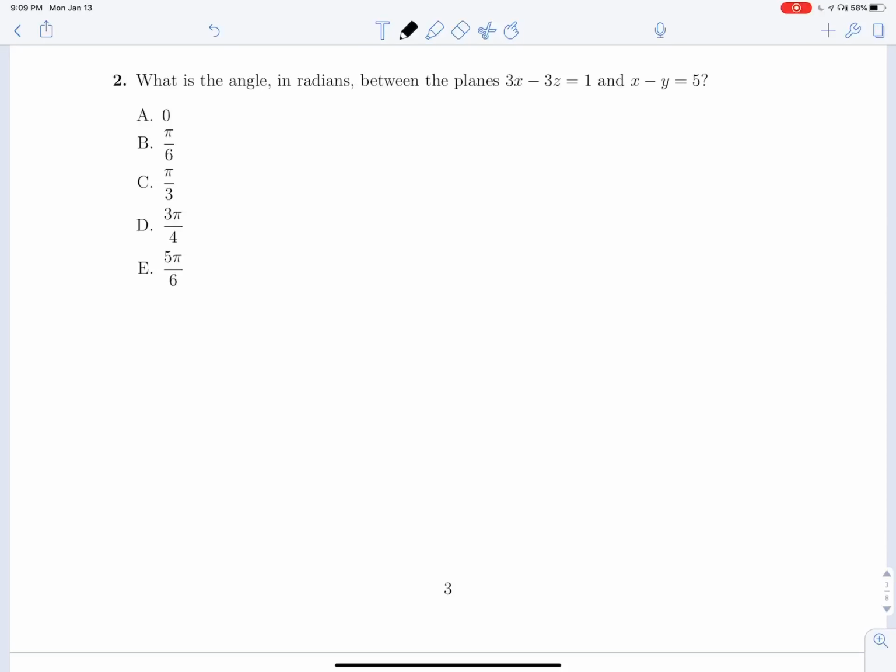What is the angle in radians between the planes, this one and this one? Okay, so we know that the angle theta between two vectors, let's call them vector A and vector B, is going to be the inverse cosine of A dot B over magnitude A multiplied by magnitude B. And this comes from the formula for the dot product.